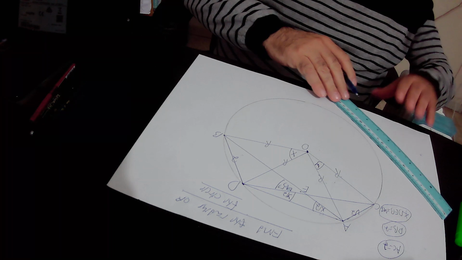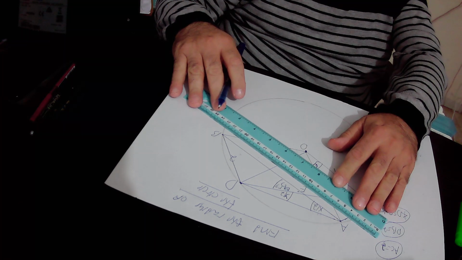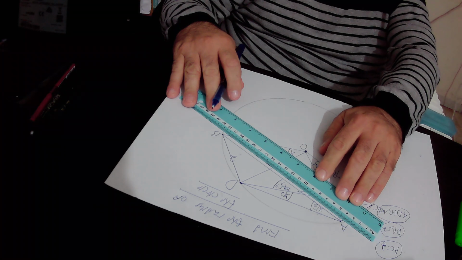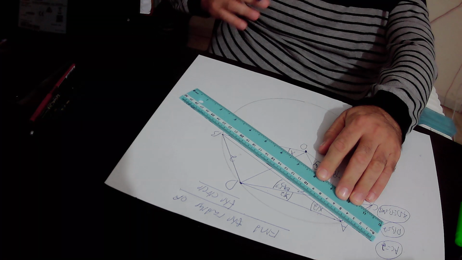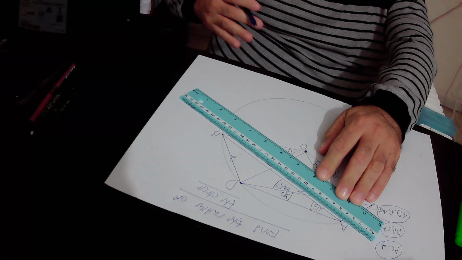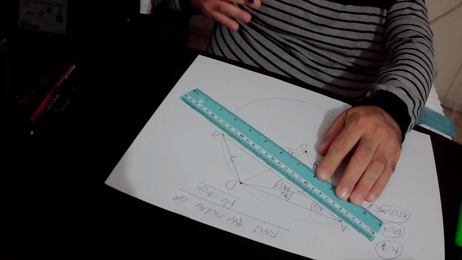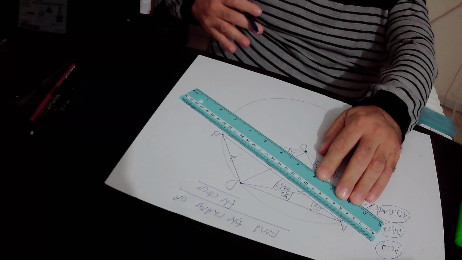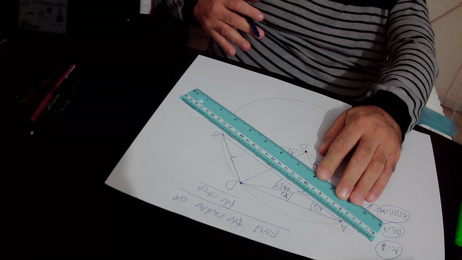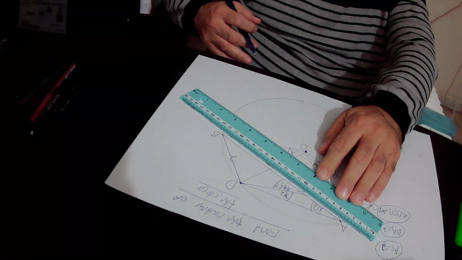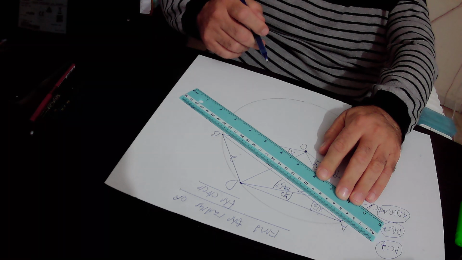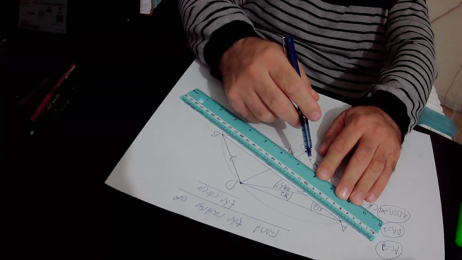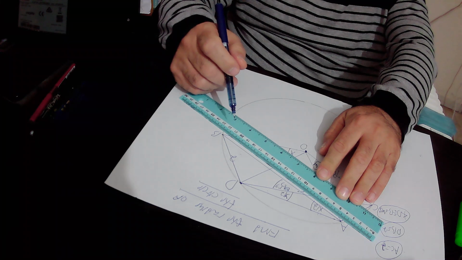In the next step, we will focus on the straight line AB, this straight line at point E. We have the rule that the sum of the angles on one side of a straight line is equal to 180 degrees. So the sum of the angles on the upper side of the straight line AB must be equal to 180 degrees.